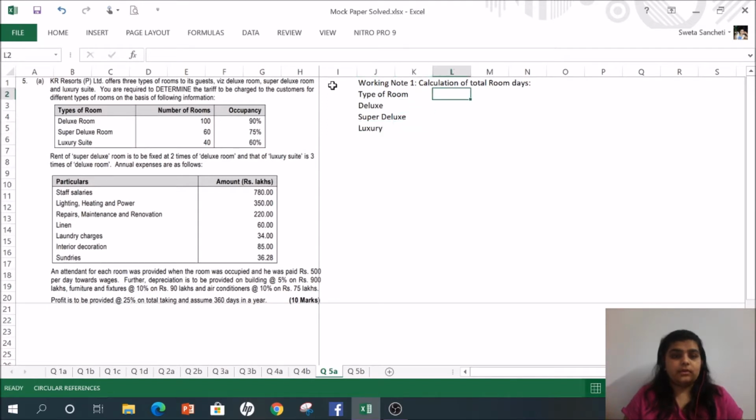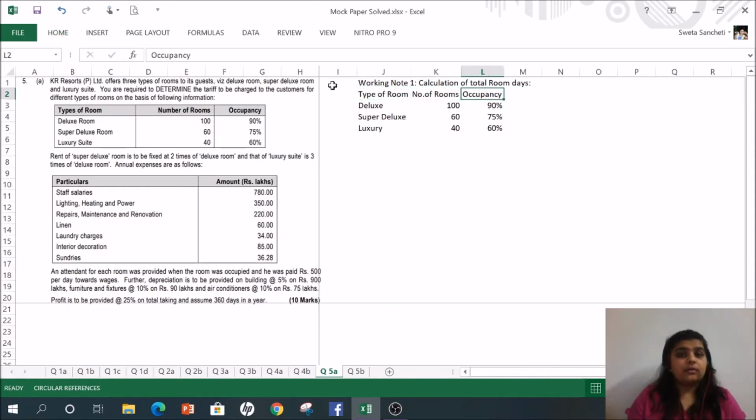And for these, the number of rooms given to me is 100, 60 and 40. Occupancy 90%, 75% and 60%. And then these details are on a per day basis. Last line they say that assume 360 days.